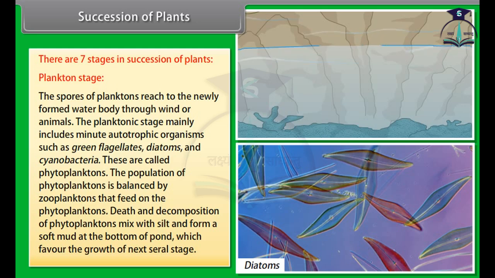These are called phytoplanktons. The population of phytoplanktons is balanced by zooplanktons that feed on them. Death and decomposition of phytoplanktons mix with silt and form a soft mud at the bottom of the pond, which favors the growth of the next seral stage.